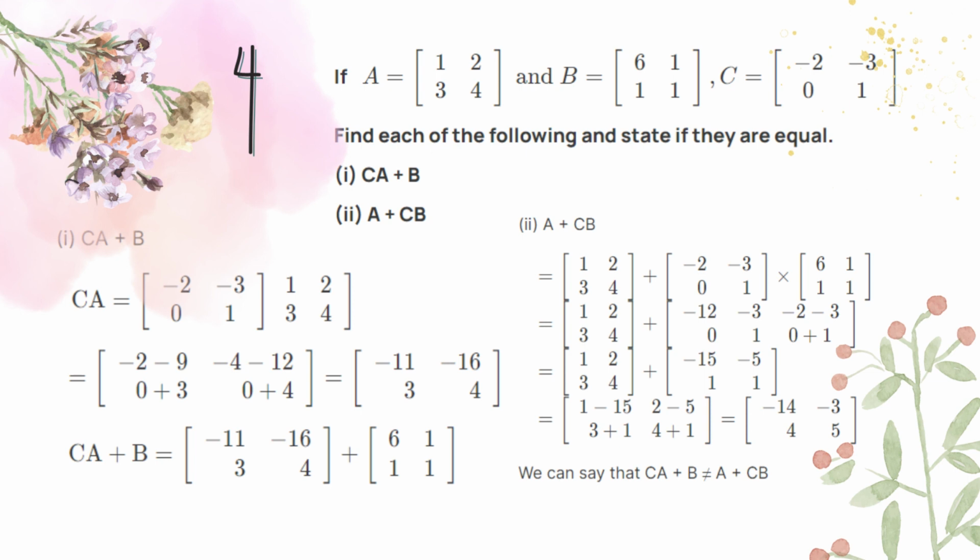So let's go to the first one, CA plus B. CA is equal to -2, -3, 0, 1 times A. Let's solve. -2 - 9, 0 + 3, -4 - 12, 0 + 4, which is equal to -11, -16, 3, 4. Next, for CA plus B, we add -11, -16, 3, 4 plus 6, 1, 1, 1.